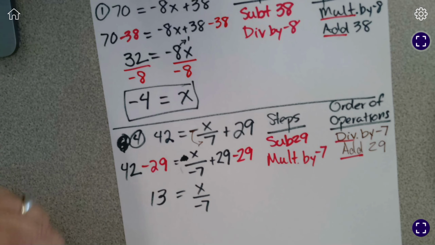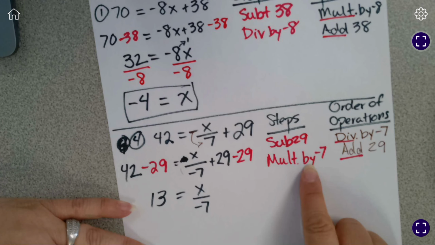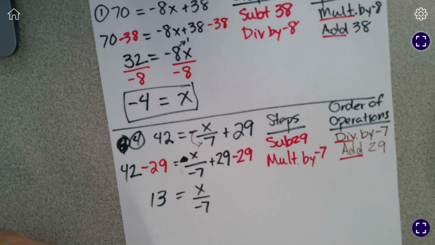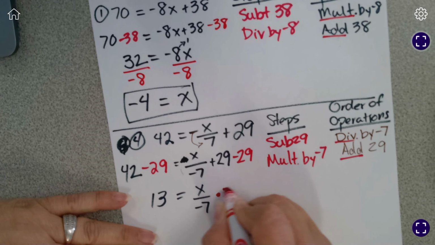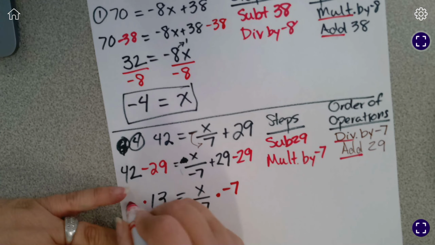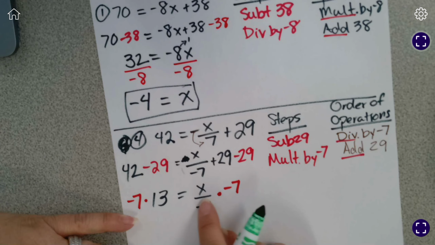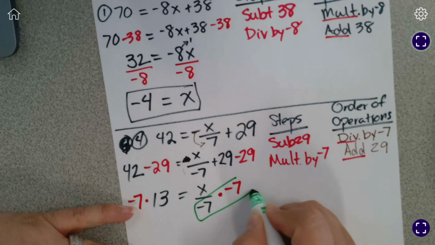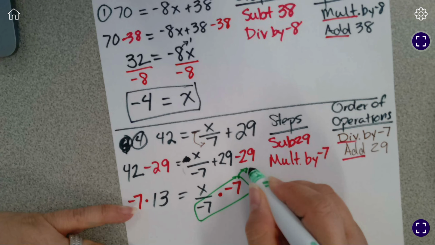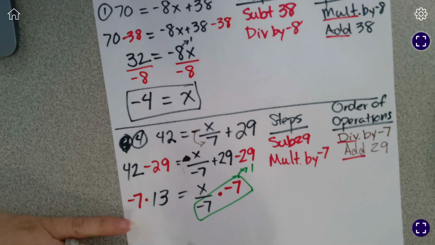Okay, so next we multiply by negative 7. Do you remember with the graspable math? When you multiplied by a number and divided by a number, and when we combine these, they become 1 or they cancel each other out.